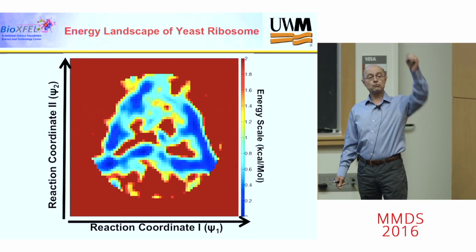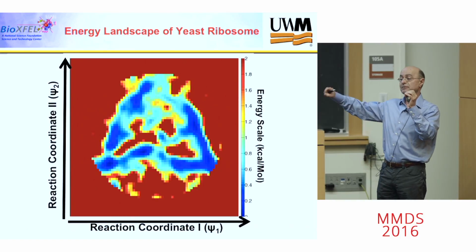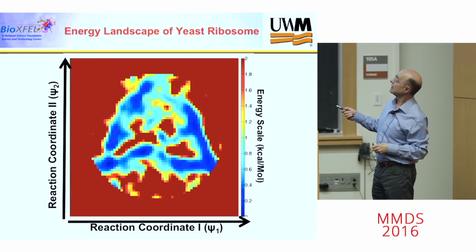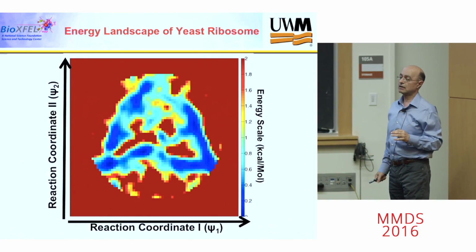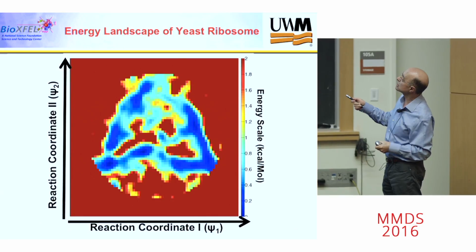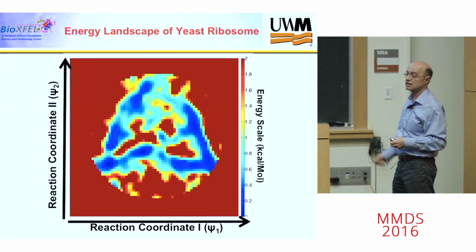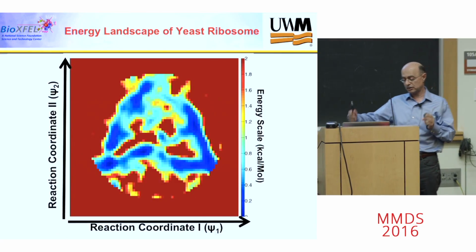The ribosome is a machine which reads the genetic code, one codon at a time, and taps out a protein. This is the experimentally determined energy landscape of the yeast ribosome by manifold learning, and you can see the closed path, which is associated with so-called translation, reading the genetic code and tapping out a protein.